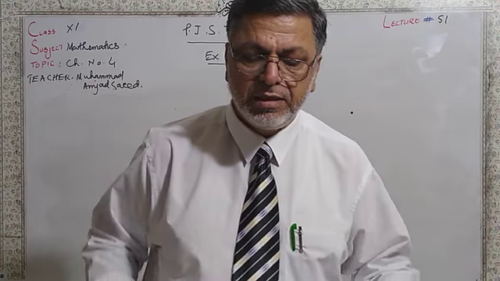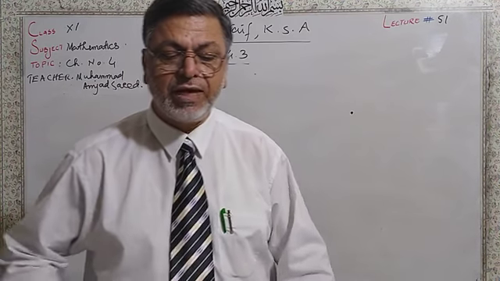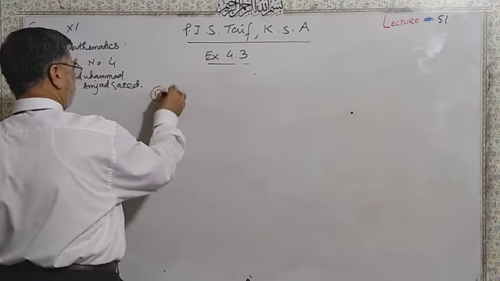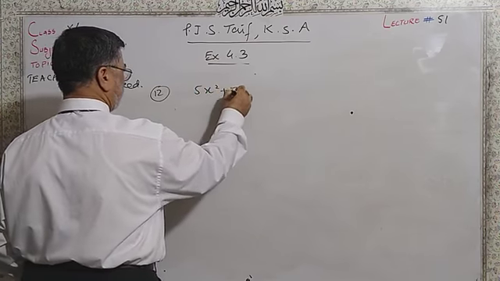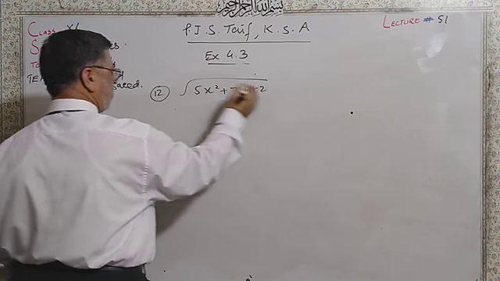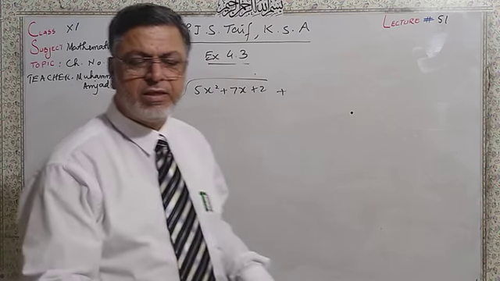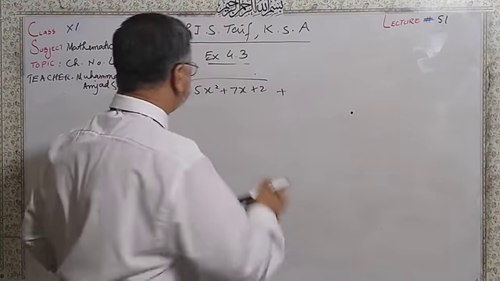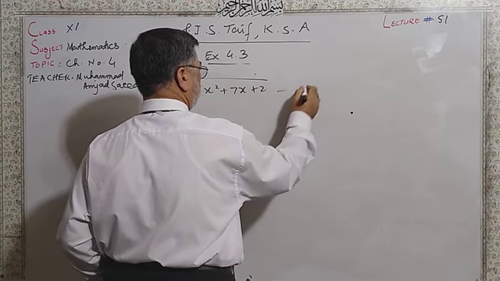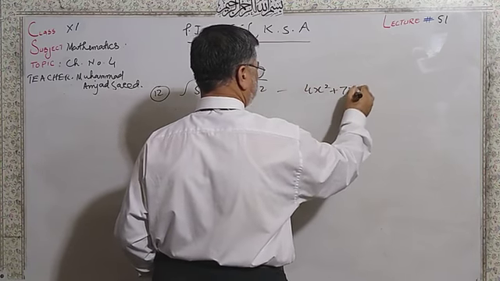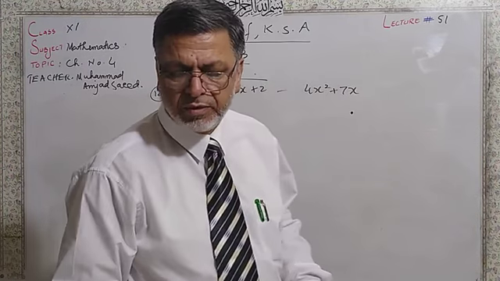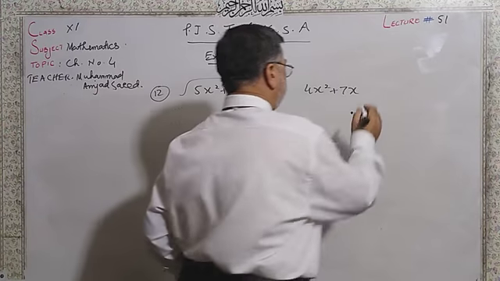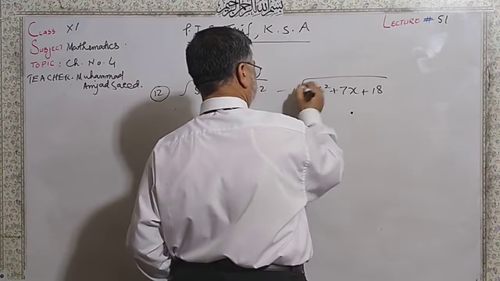So here is question number 12: the square root of 5x square plus 7x plus 2, minus the square root of 4x square plus 7x plus 18, is equal to x minus 4.